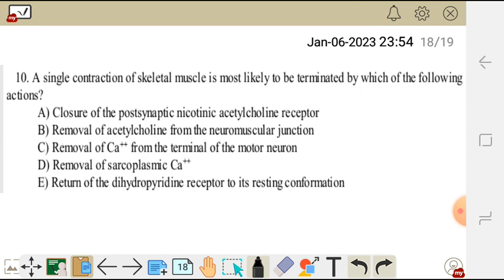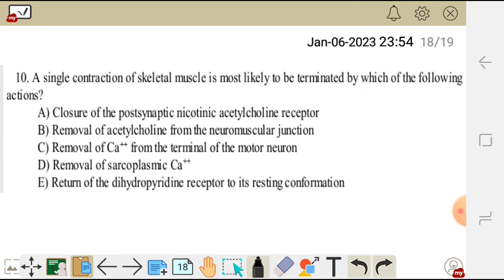If you remove calcium from the terminal of the motor neuron without removing the calcium in the sarcoplasm of the muscle tissue, the contraction will still occur.